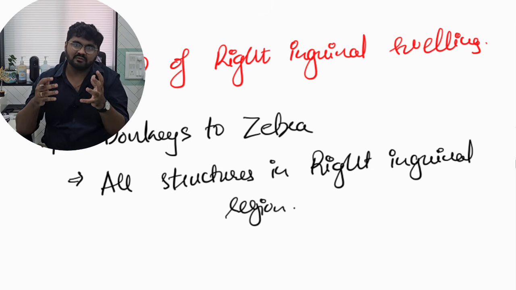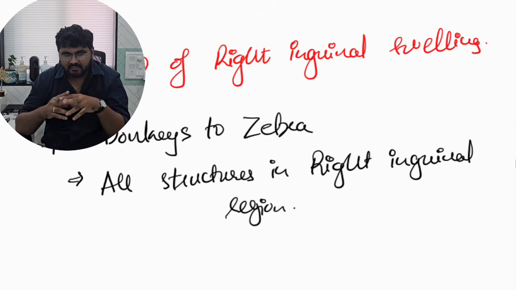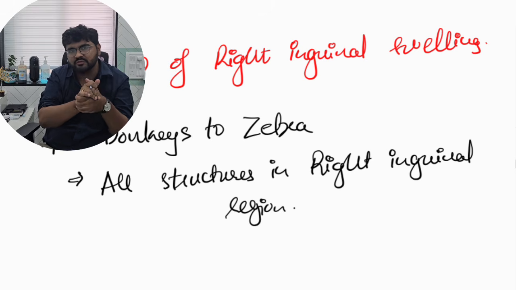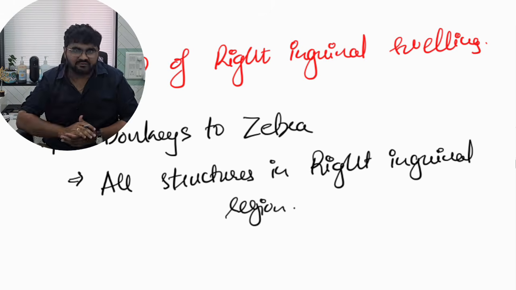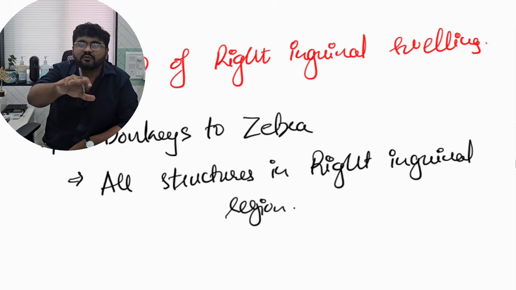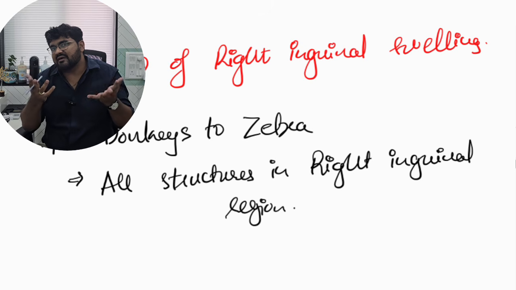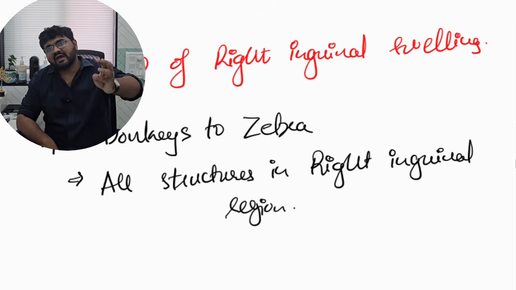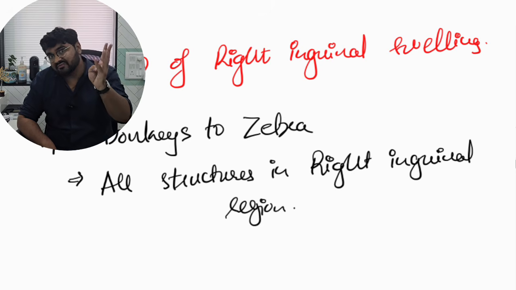Also, whenever you are dealing with a question where a swelling is there, maybe in one of the abdominal quadrants or in the inguinal region, you need to think of all the possible organs which are present just below that. So what do we have in this inguinal region? We have the inguinal canal, that cannot be missed. Other than that, you have the cord. Then in the cord we have the veins as well.